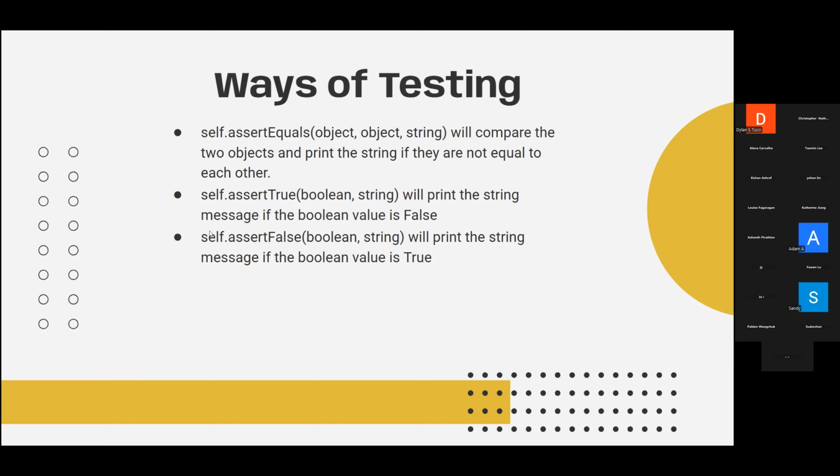And for those who are wondering about the self dot, basically the self dot is there because the test cases will be defined in a class, and to call the methods, we need to use a self dot function.